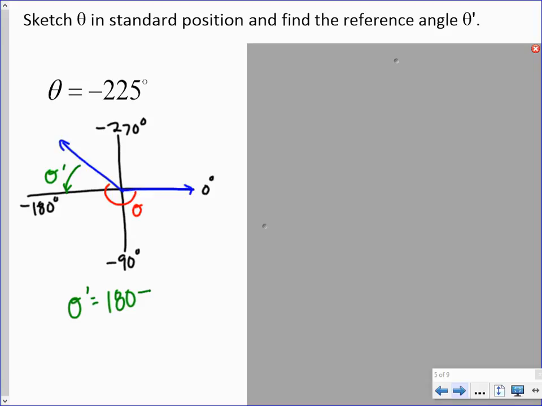How could I find a coterminal angle? Sammy, what do you think? Add 360. Okay, so find a coterminal angle, add 360 to that negative 225. That should get you to 135 as a coterminal angle. And then if you do 180 minus 135, you now know that your reference angle is 45 degrees.